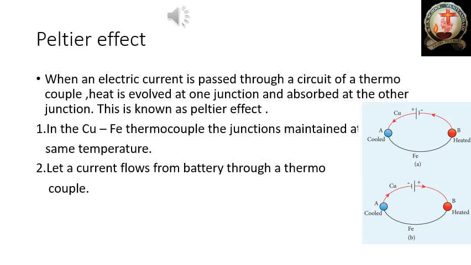So, whenever current flows from battery through thermocouple, in this condition, I have to take the first point. What is that first point? The electric current flows from copper to ferrous at junction A. At this time, junction A will absorb some amount of heat.